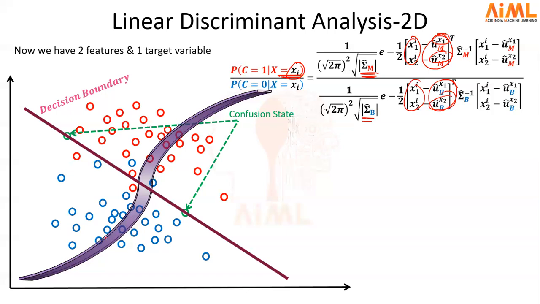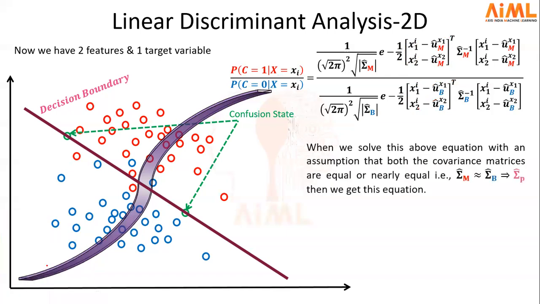Now, guys, we are going to take the same assumption which we took before when our distribution was a one-dimensional Gaussian distribution. Then we made the two variances equal or nearly equal, which is equal to the pooled variance.